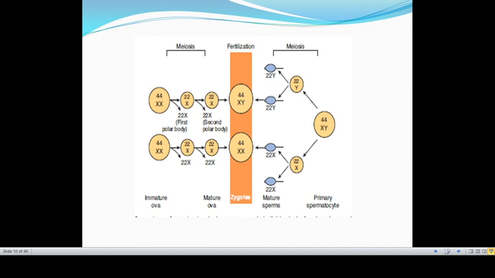Fertilization, therefore, can produce a male zygote with 22 pairs of autosomes plus an X and a Y chromosome, or a female zygote with 22 pairs of autosomes and 2 X chromosomes.